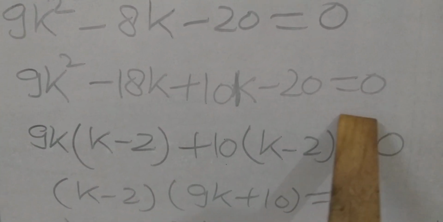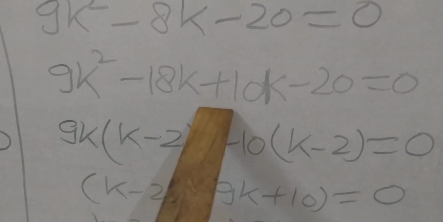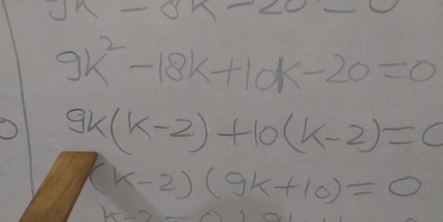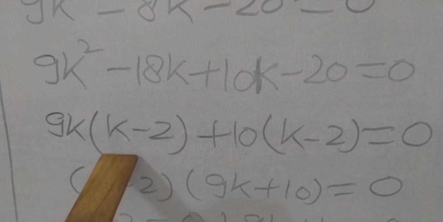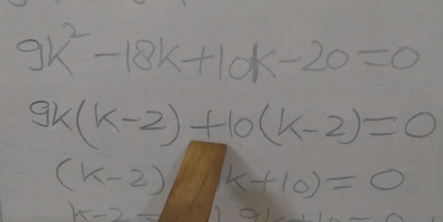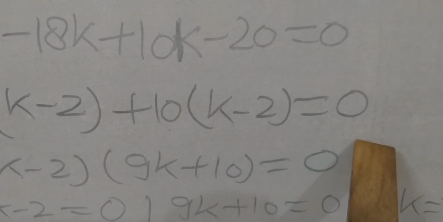Now make pairs, then take common. What is the common here, students? 9k. 9 cancels, k cancels. What is left here? k. 9 into 2 is 18, so k − 2, plus, what is the common here? 10. k − 2 equals 0. So you can see k − 2 is common in both.